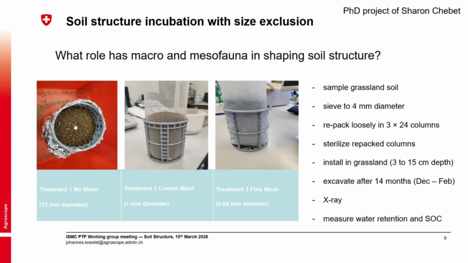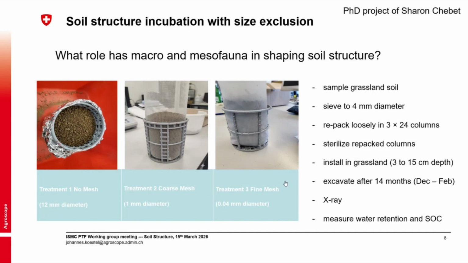Okay, so we had one treatment without any mesh. Then we had a treatment with a 1 millimeter nylon mesh, and one with a 40 micron mesh. And the idea was that in the coarse mesh treatment, we would exclude all the macrofauna, while in the no mesh treatment, we would have access to invertebrate macrofauna at least, so not to mice, but at least to earthworms.